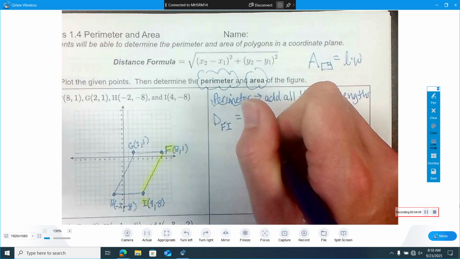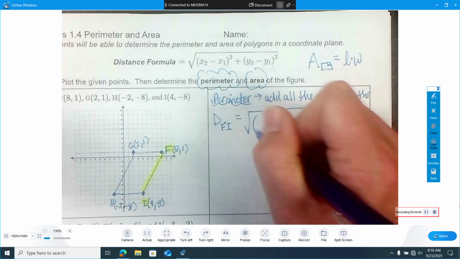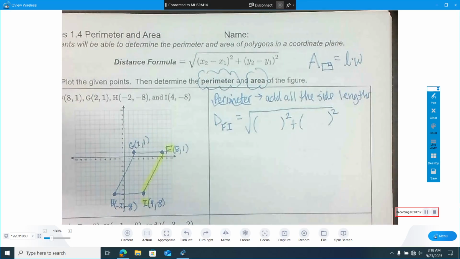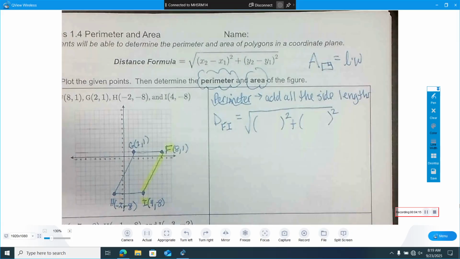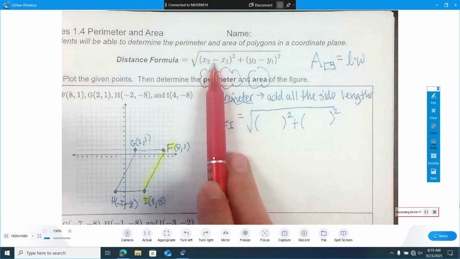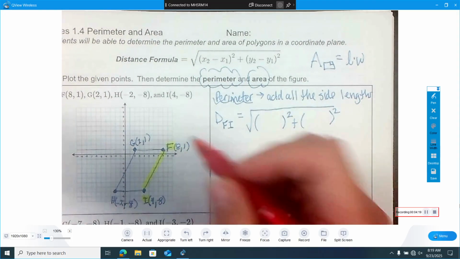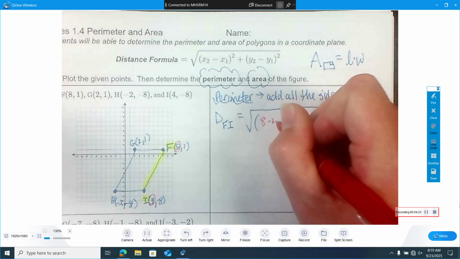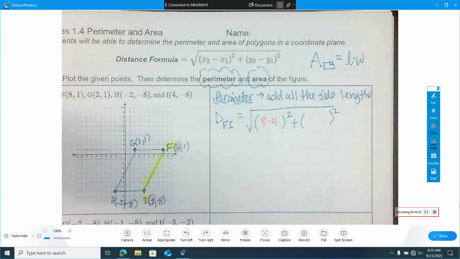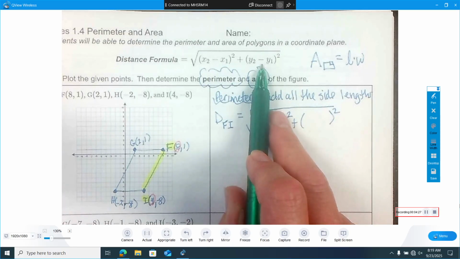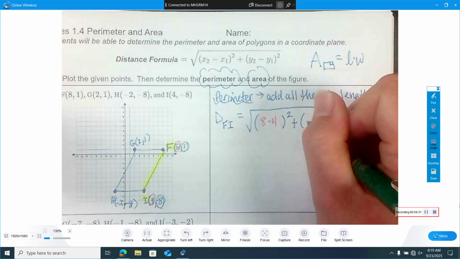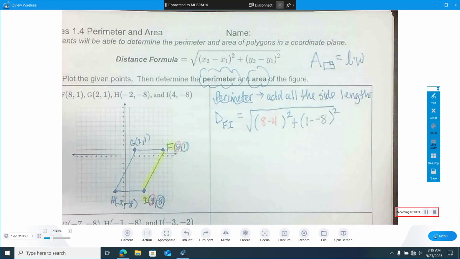Now, I'm going to set that up and use a big giant square root. And I've got my bubble squared plus another bubble squared. And to do this formula, we want to subtract the x-coordinates. So my x-coordinates are 8 and 4, so I'm going to do 8 minus 4. And then I have to subtract my y-coordinates. So my y-coordinates are 1 and negative 8, so I'm going to do 1 minus a negative 8.